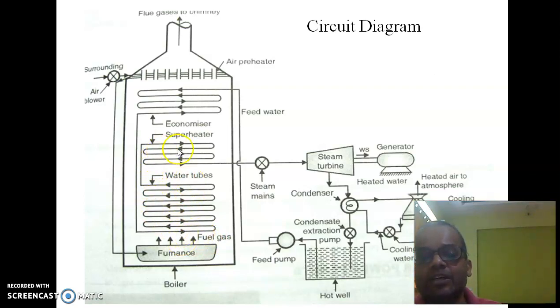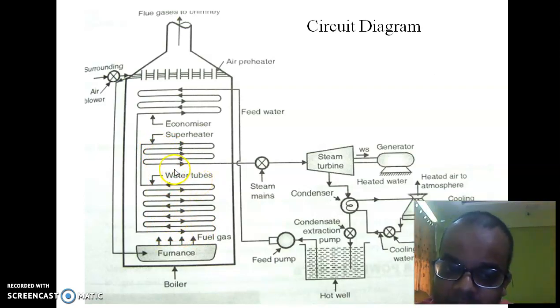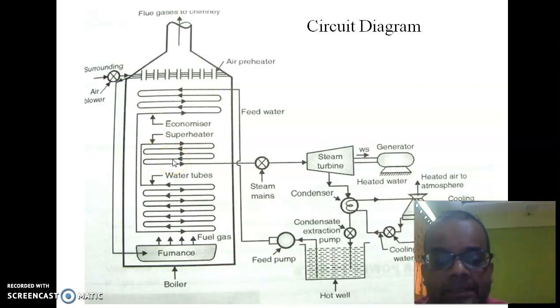That wet steam is passed through this superheater, and by using the same flue gases which are moving in the boiler, we convert that wet steam into superheated steam.